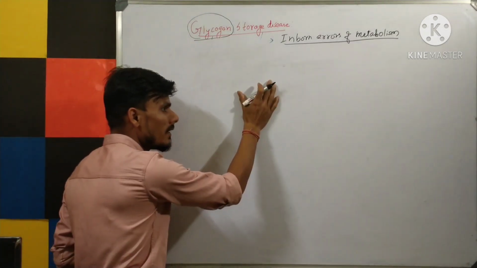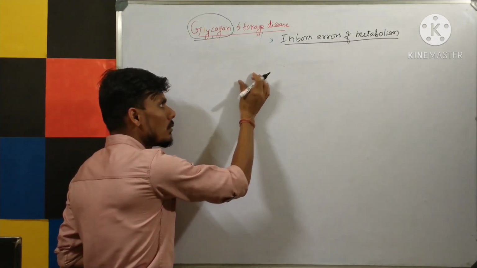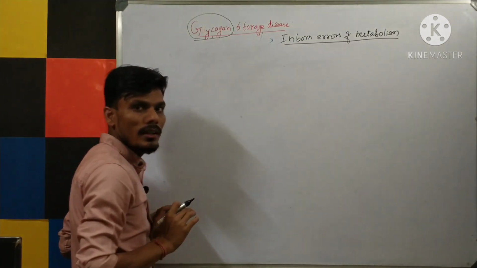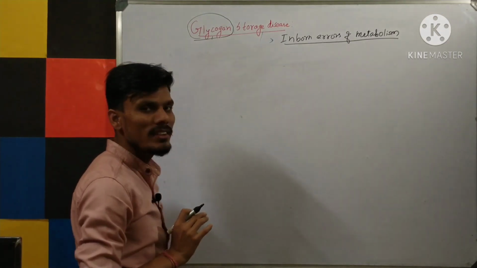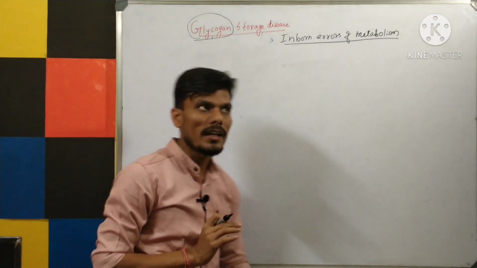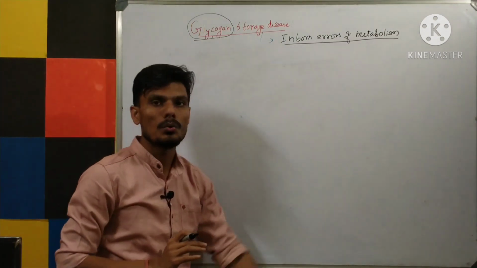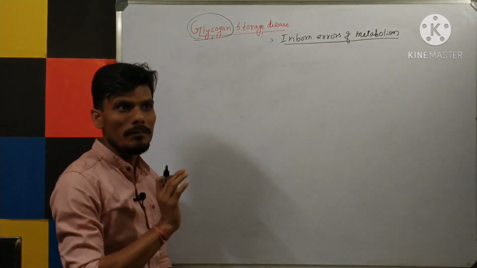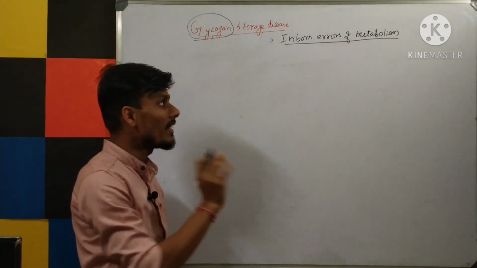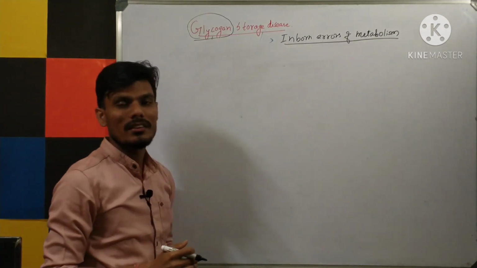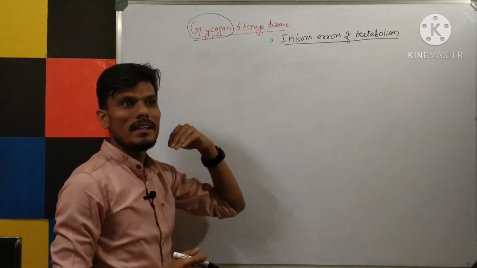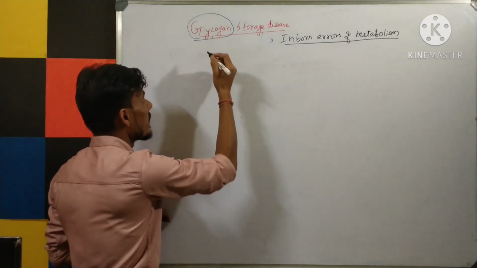And I told you that glycogen is converted into glucose with the help of several enzymes. So when there is a deficiency of those enzymes which help glycogen convert into glucose, there will be a defect, or accumulation of that glycogen, which can affect various cells and organs. We will see that.